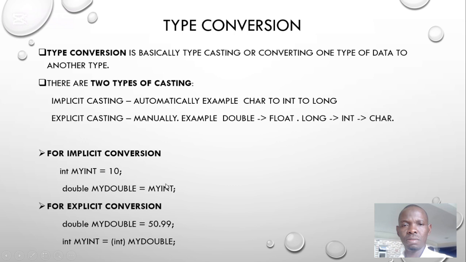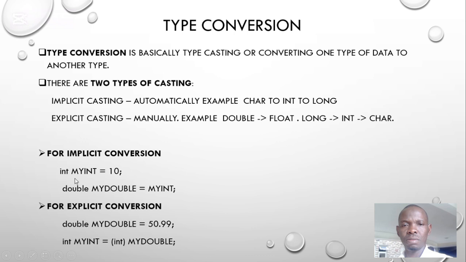So we assign it to double. Integer is 4 bytes and double is 8 bytes, meaning that by default this will convert 10 to double format, that is, 10.0.